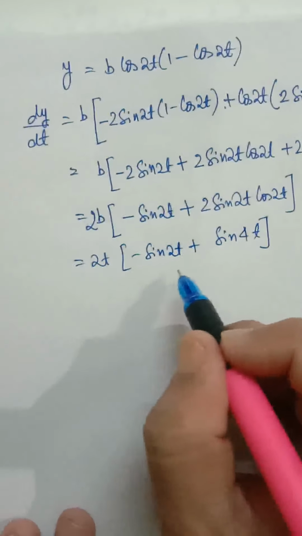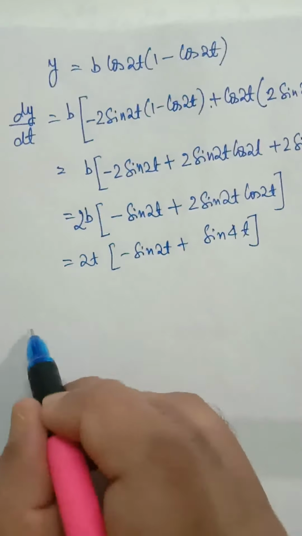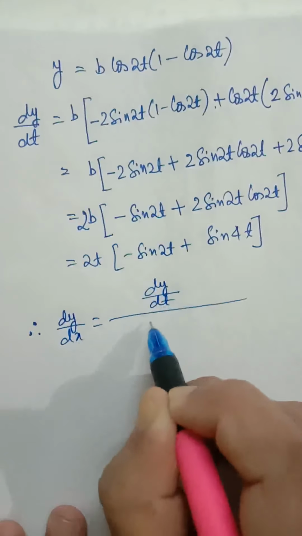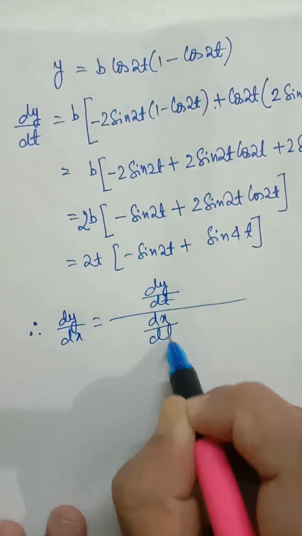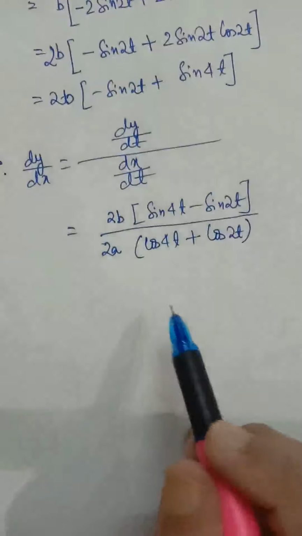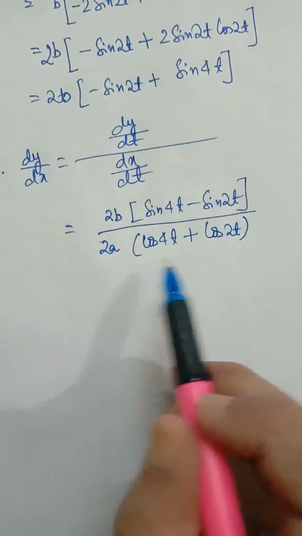So now this is our dy by dt. Therefore dy by dx equal to dy by dt divided by dx by dt, and putting the values we get dy by dx equal to this.